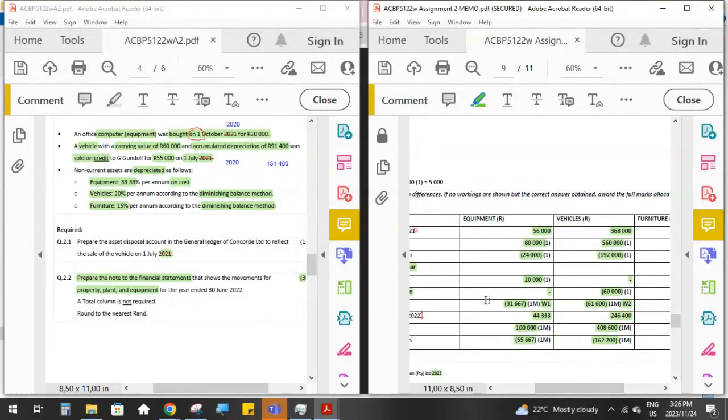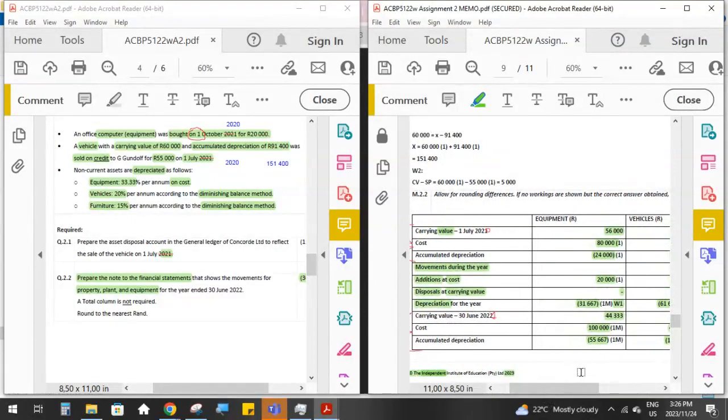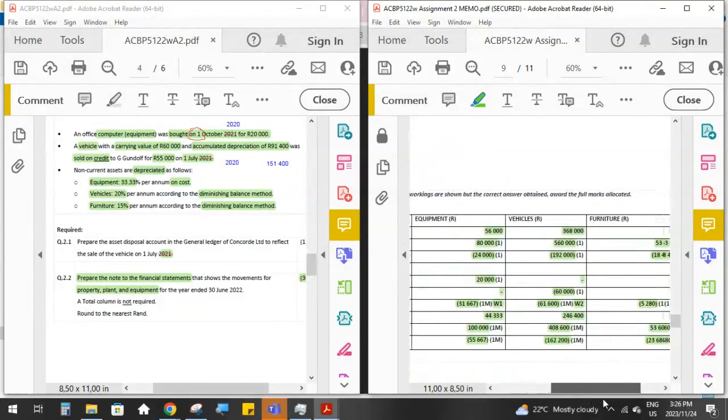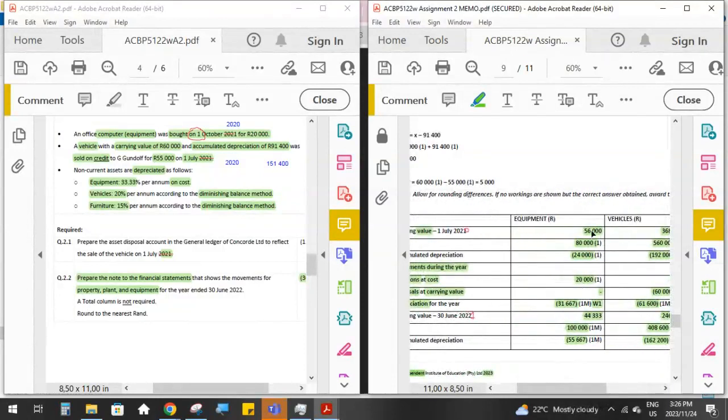That's the same procedure for every single column. So where some students do get muddled up is, just remember this computer, we didn't own it at the beginning of the year, so it mustn't go here at the top. We only add it in here in movements during the year.